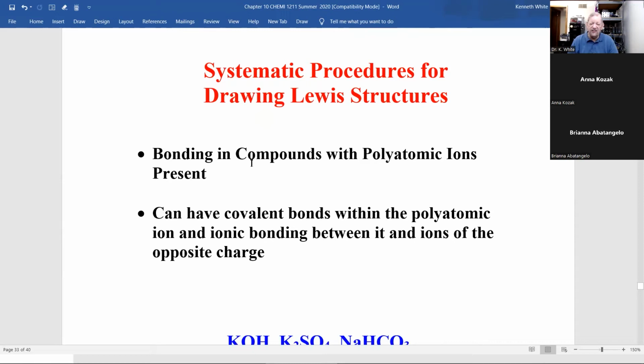Now, let's continue on and talk about polyionic compounds present in a molecule. It turns out many of the molecules in our daily life have both ionic and covalent bonds. Again, many of the molecules have both ionic and covalent bonds.